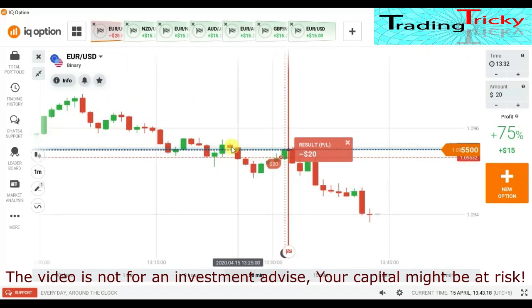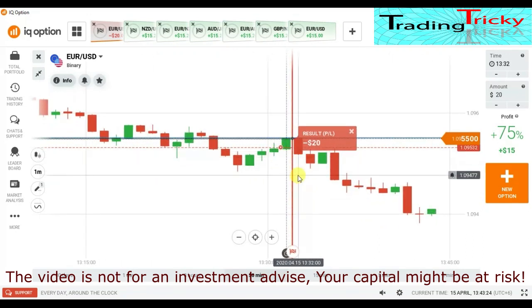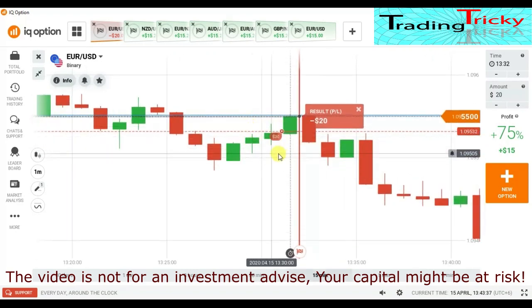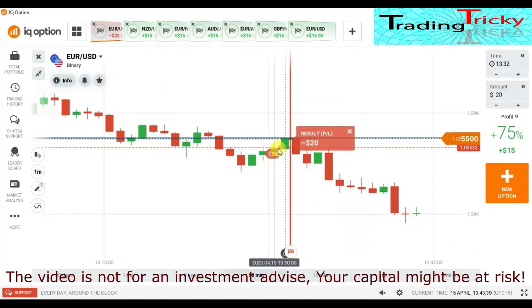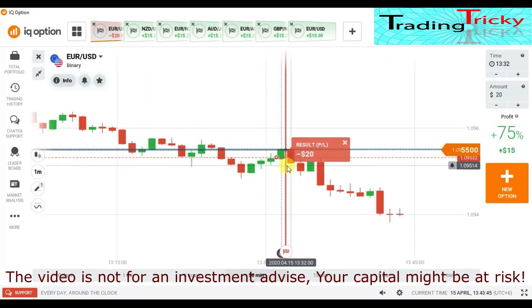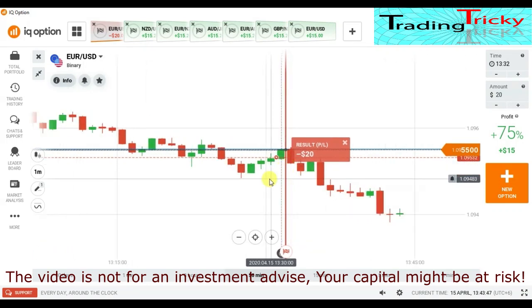This candle closed at the level, so I thought the market would make a bearish candle, because this was a strong candle, but it has a rejection from the upper side also, and the upper rejection is more than the lower, the candle closed at the level, and the trend is a downtrend. So I placed a lower option, but somehow I lost that trade.